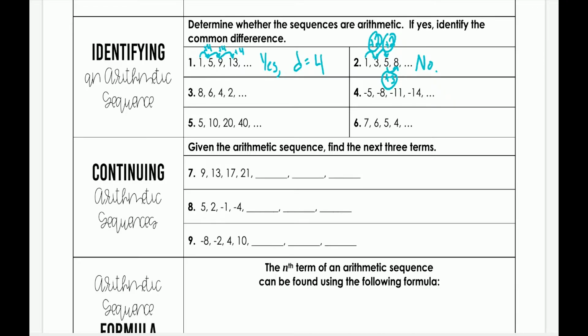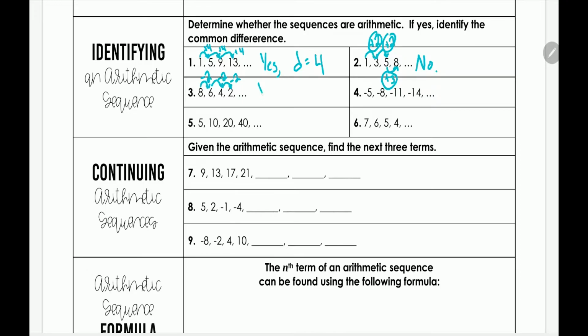Let's talk about number 3. We have 8, 6, 4, 2, etc. So how do we go from 8 to 6? Well, it looks like we can subtract 2. 6 to 4, subtract 2. 4 to 2, subtract 2. So it looks like we do have a constant that's being subtracted.